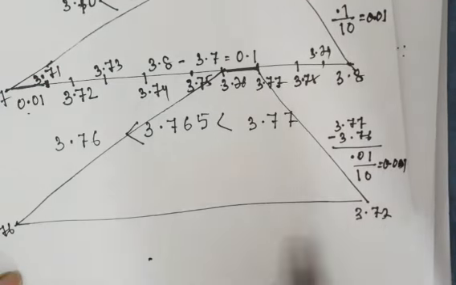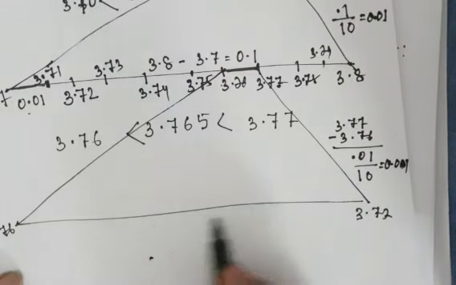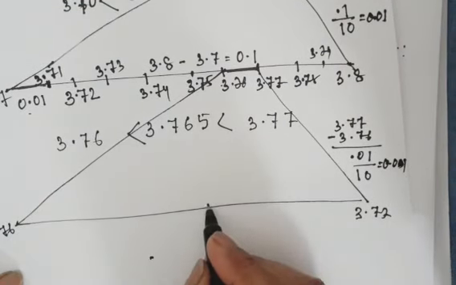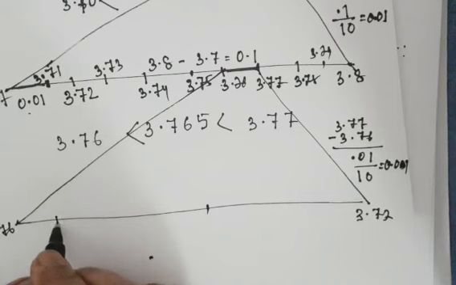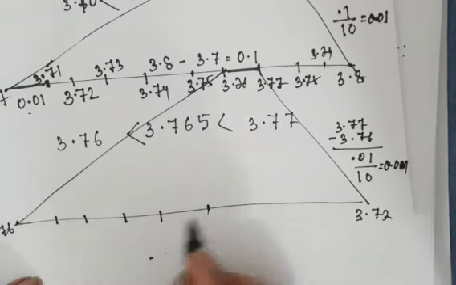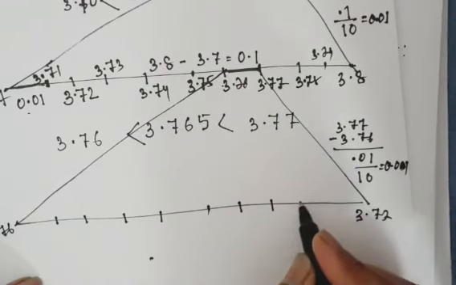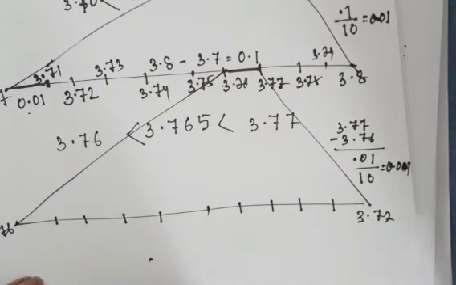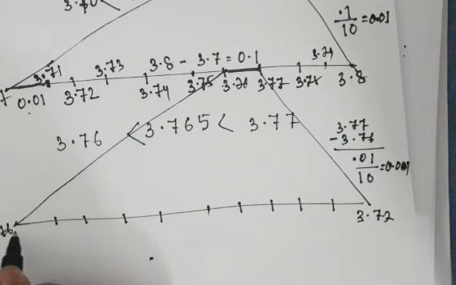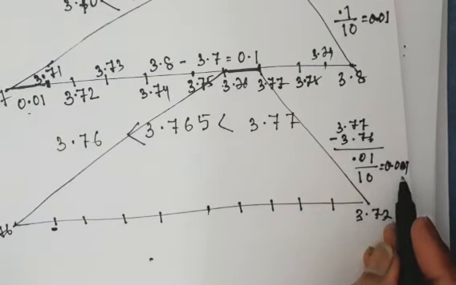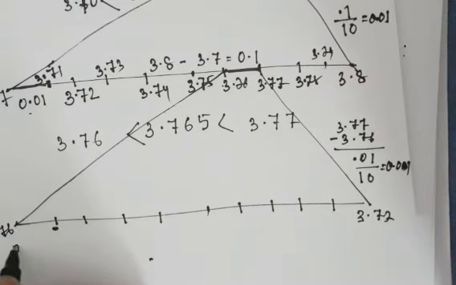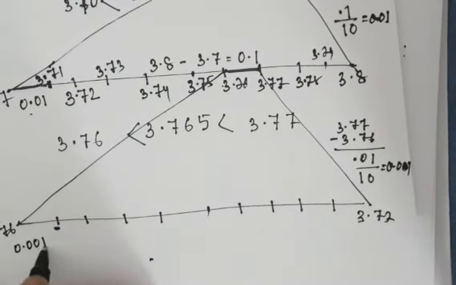If we divide it into 10 equal parts, each part is 0.001. Let us divide this line segment into 10 equal parts: 1, 2, 3, 4, 5, 6, 7, 8, 9, 10. So each part is of length 0.001.